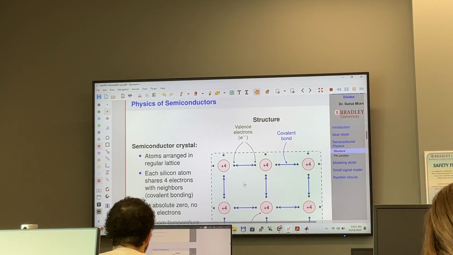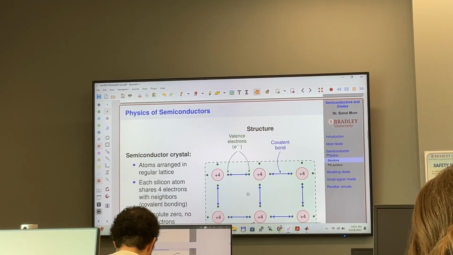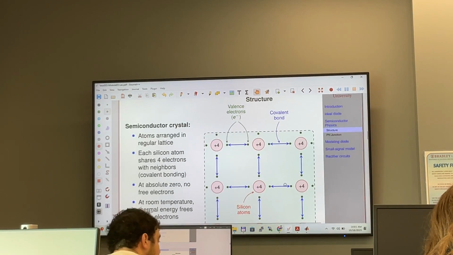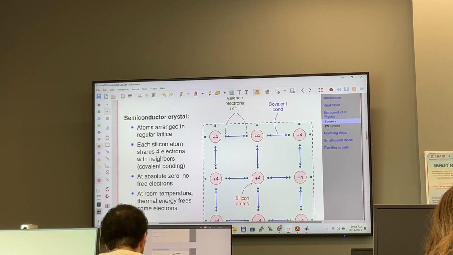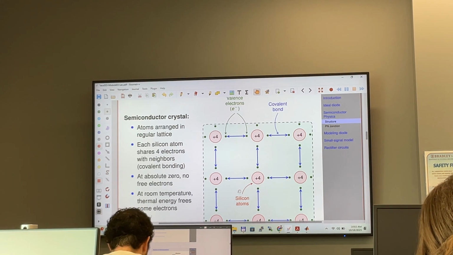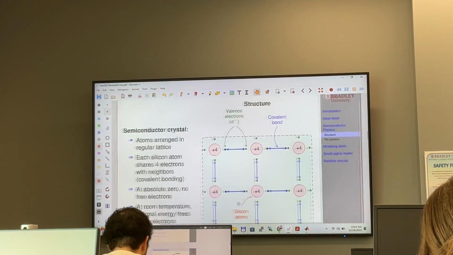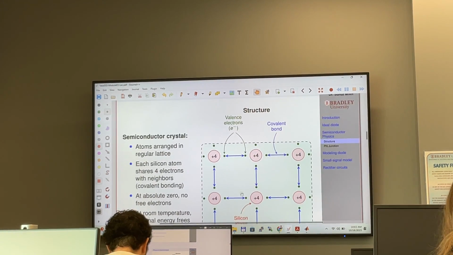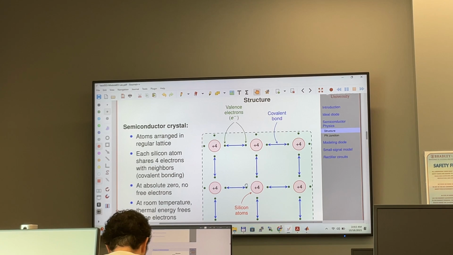A diode is constructed with semiconductor materials.